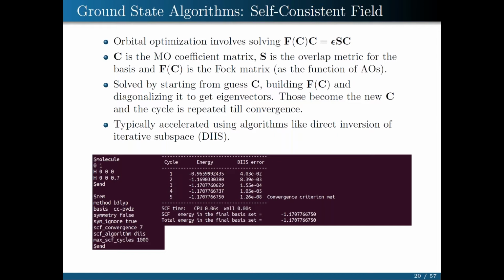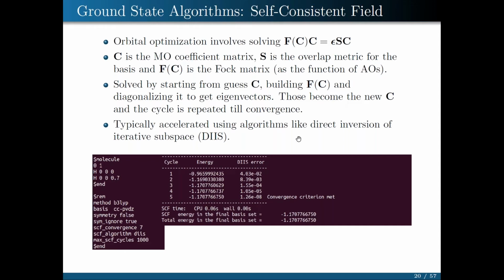The idea there involves solving the following eigenvalue equation, F(C) times C equals E times S times C. This sort of equation is generally solved following the Roothaan procedure, in which you have a guess matrix of molecular orbitals C, from which you build a Fock matrix as a function of that, and then diagonalize this Fock matrix to get eigenvectors. These eigenvectors become the new MOs, and you repeat the cycle till you have convergence.